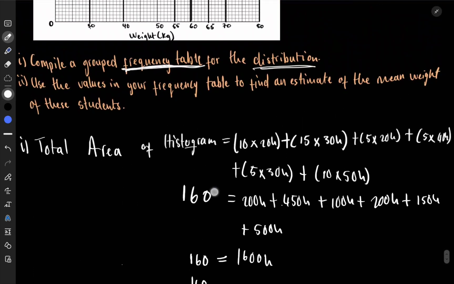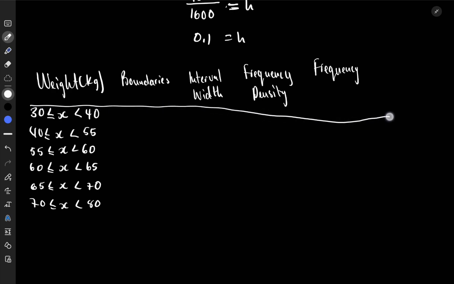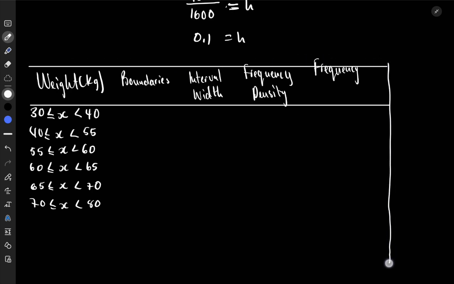Then 70 goes to 80. So it will be 70 less than or equal to X, which is less than 80. Now that we have it like that, we can go ahead and put what we need. We can make our columns now. Here are our columns. Let's put everything which we're going to need.